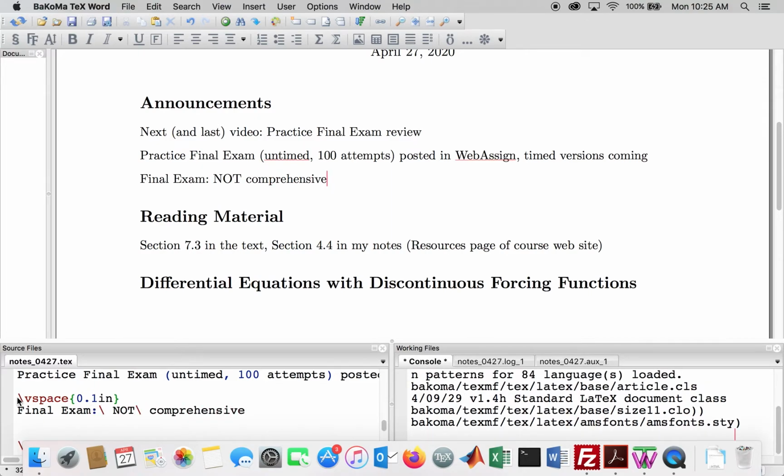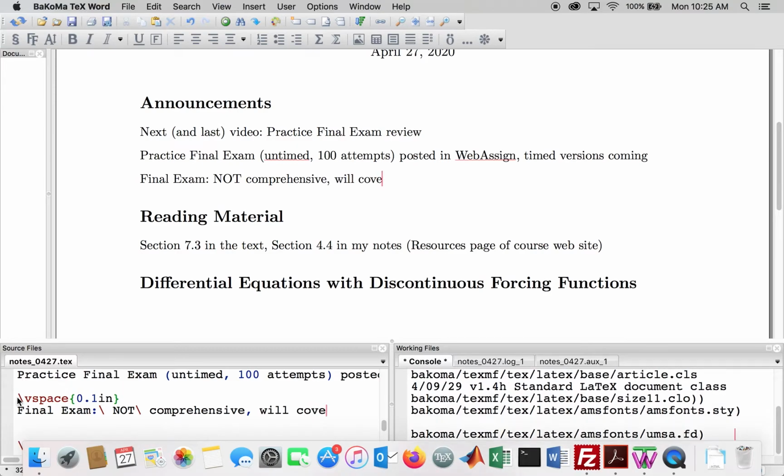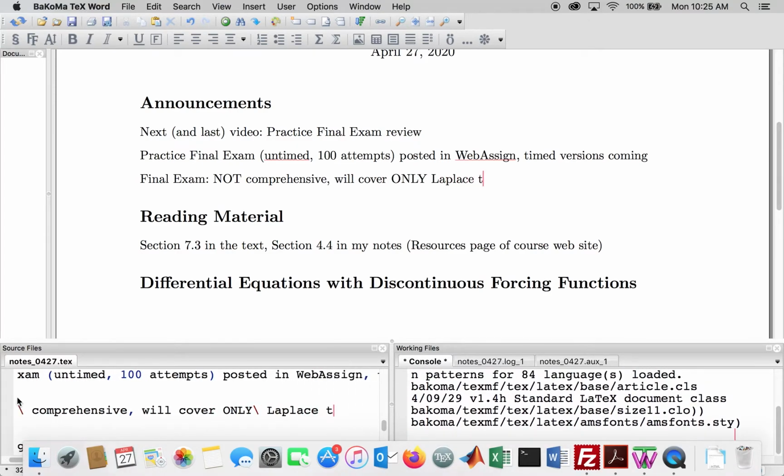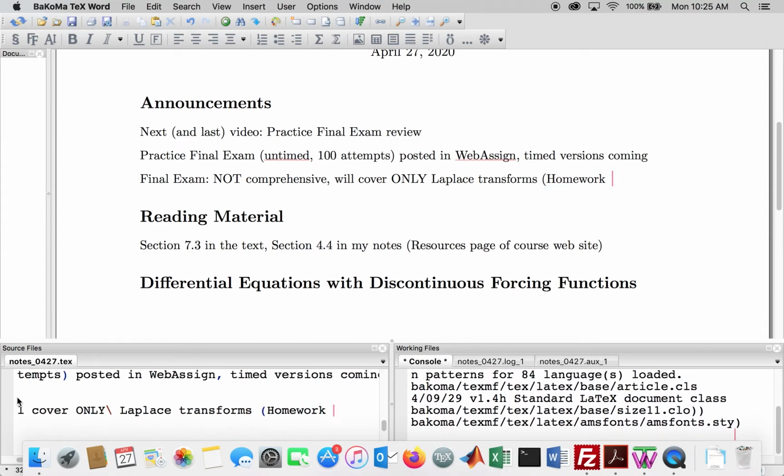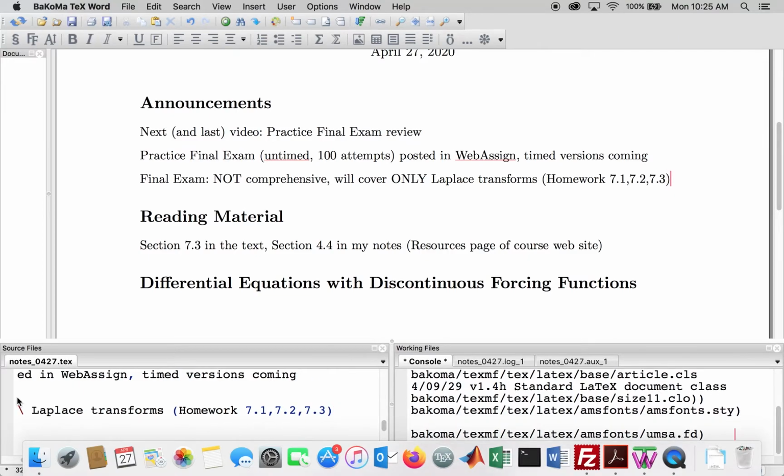That was the plan, but in light of the current situation, I've decided to narrow its scope and cover only the material on Laplace transforms. Problems are taken from homework 7.1, 7.2, 7.3. I've literally chosen certain problems from those homework assignments with different, randomized numbers, of course, and put those on the final. So if you can handle these homeworks and also do these problems efficiently, then you'll be fine for the final exam.